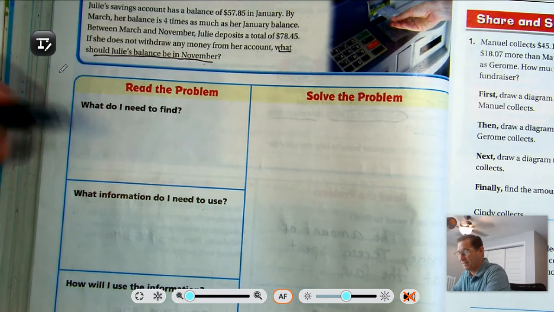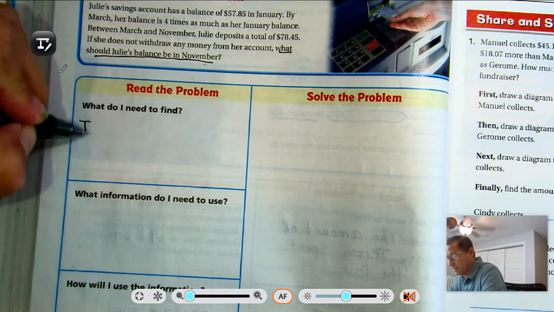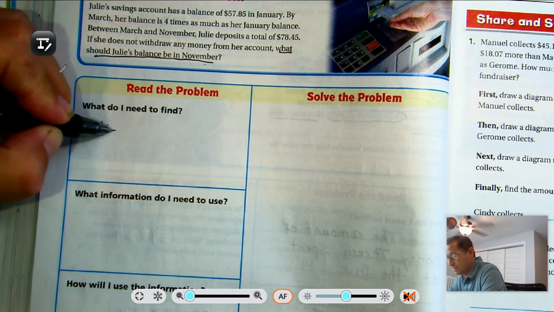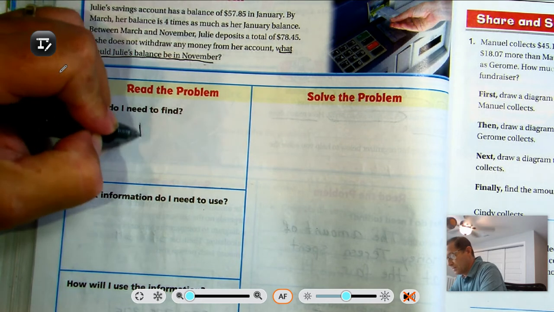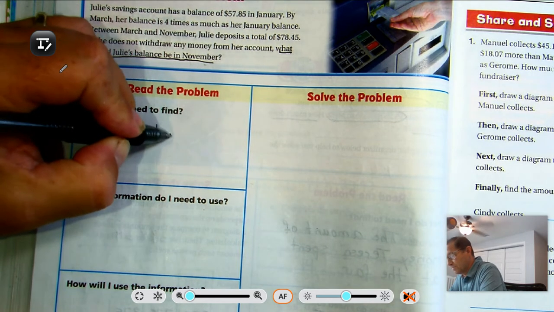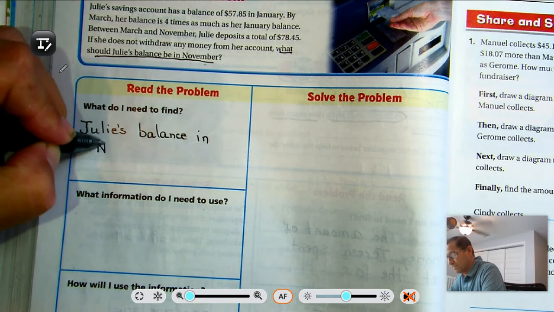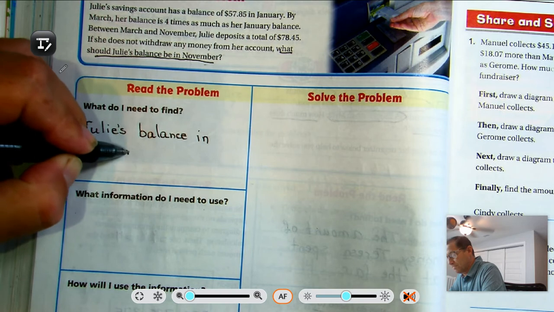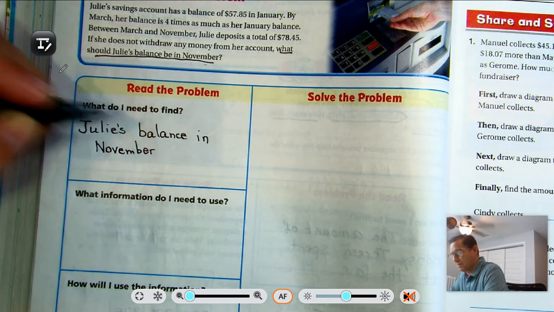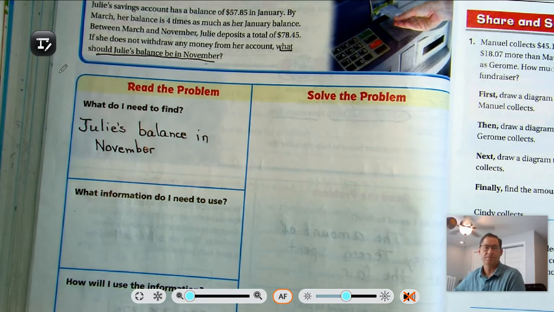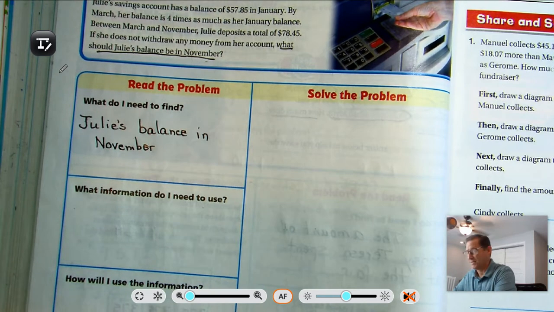What do I need to find? We need to find Julie's balance in November. So what information do we need to know?